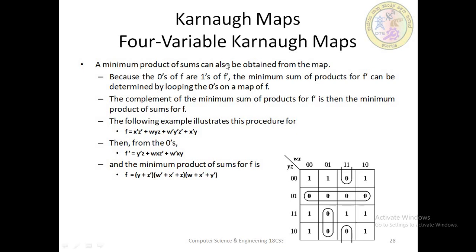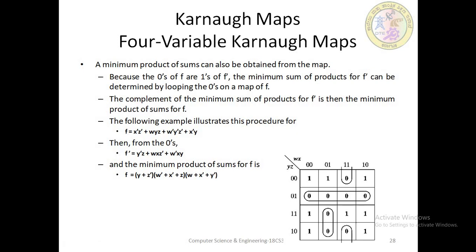And here we are trying to have it for product of sums. Previously we have already seen it for sum of products. Now we are trying to see it for product of sums. Sum of products will be represented with F as a summation.